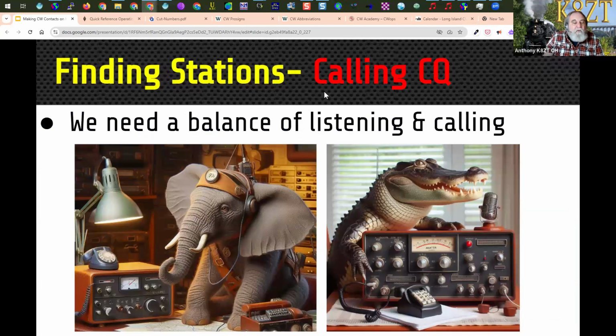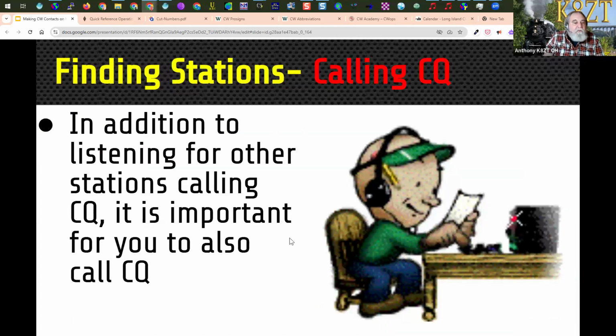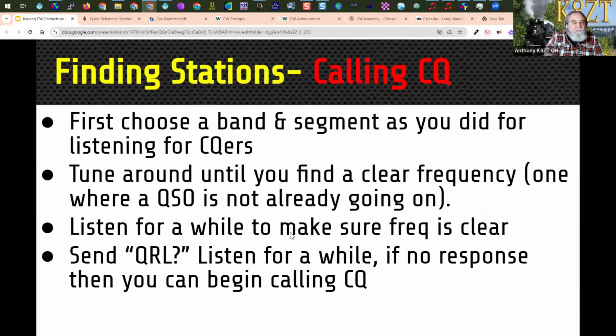Also finding a station, a balance of calling CQ and not calling CQ. So sometimes you might want to call CQ when there's no one else calling it. First, choose a band that's available to you, send a QRL, listen for a while, maybe even send another QRL. If no one comes back, then start calling CQ and make sure you give your call sign.